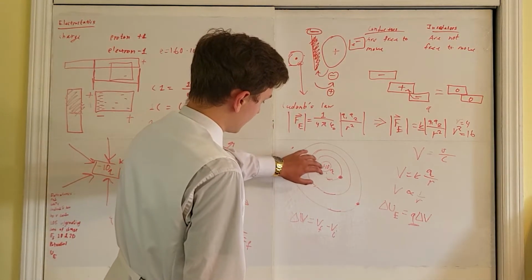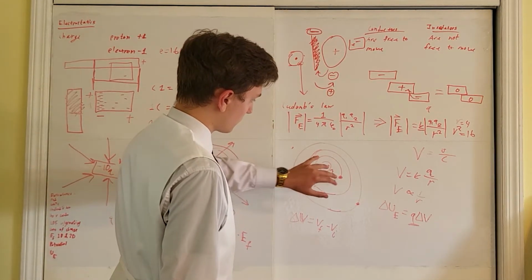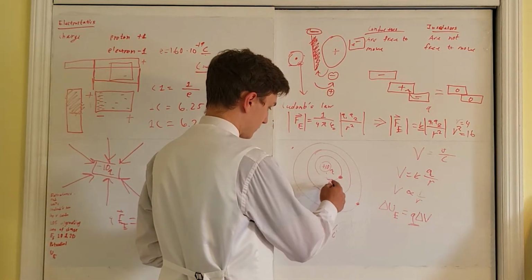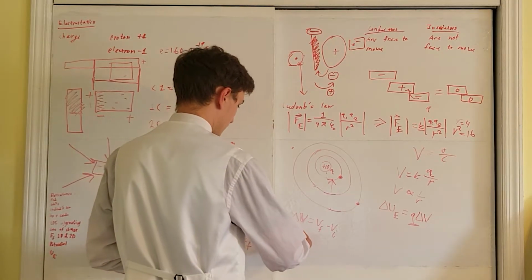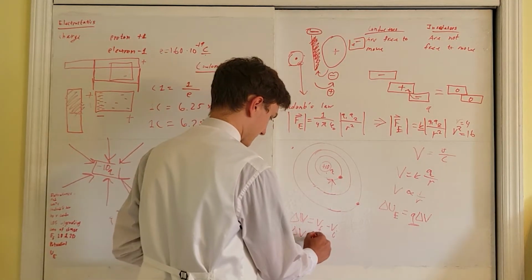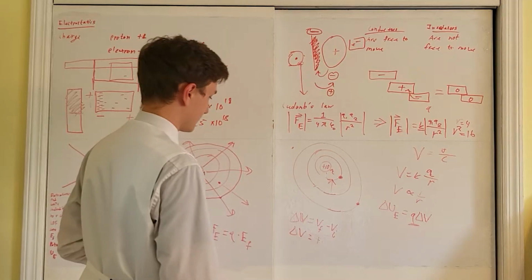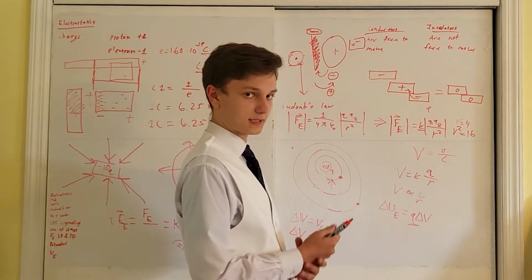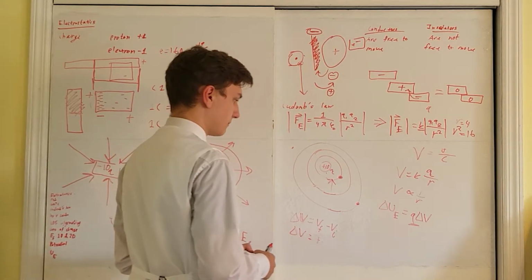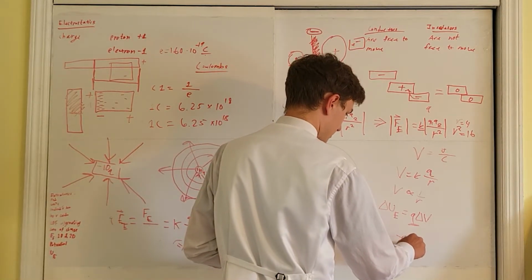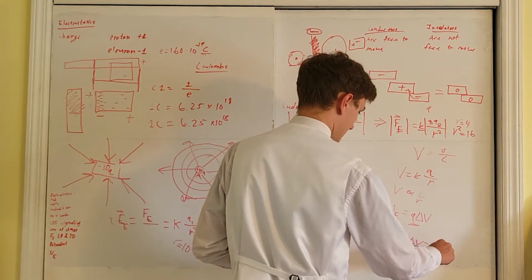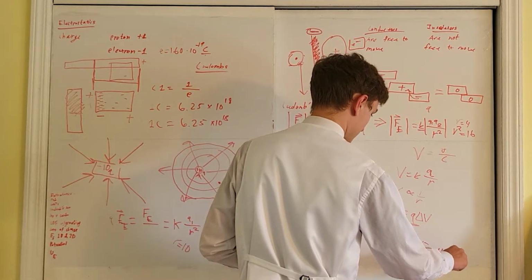So we discussed that potential is always greatest nearest to the center. So if a particle moves this way, closer to the center, then your change in potential is positive, because your final is greater than your initial. What kind of particle would be moving this way towards the center? That would be a negative particle. So a negative charge Q times a positive delta V would equal a negative change in potential energy.